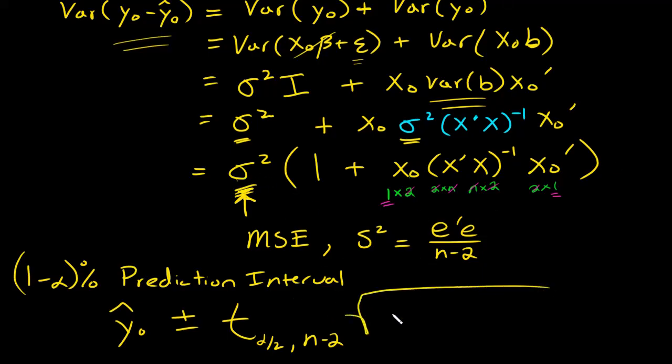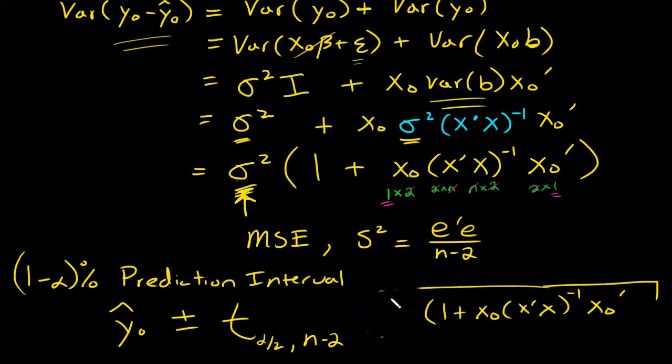So the square root of s squared times 1 plus x naught times x transpose x inverse times x naught transpose. Of course, you could pull the s squared out of the square root, and then you could write this as s times the square root of all of this. And there we have it.